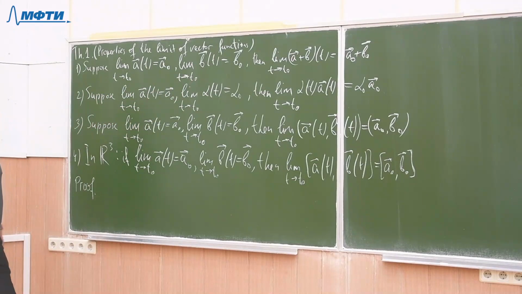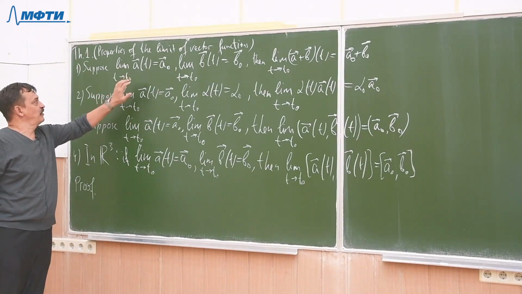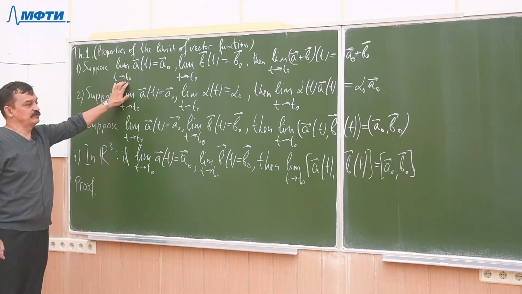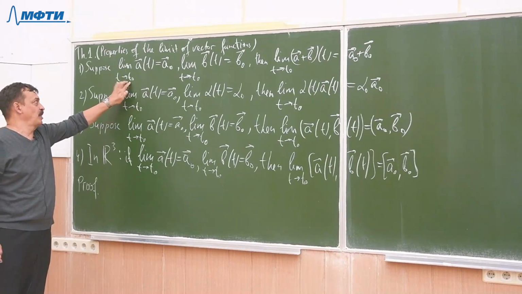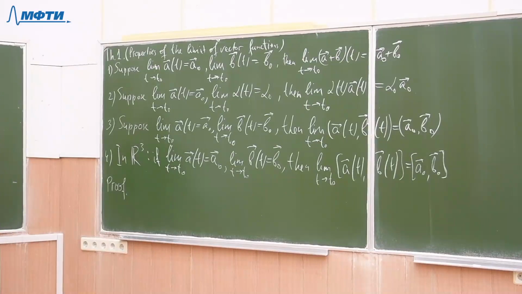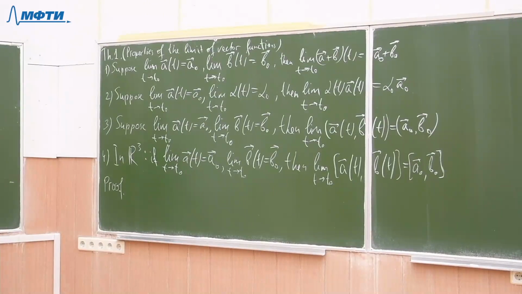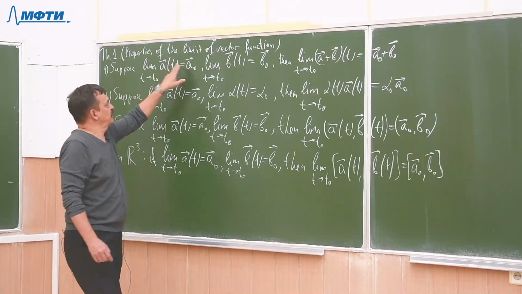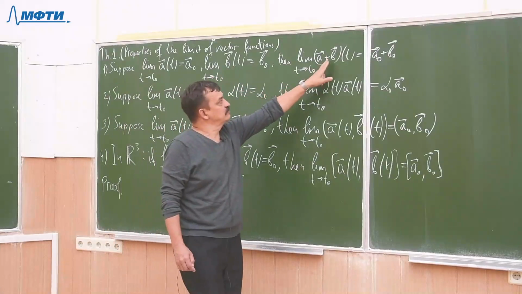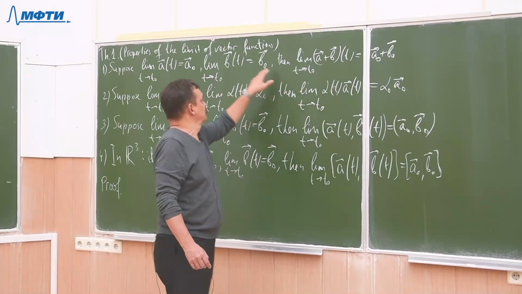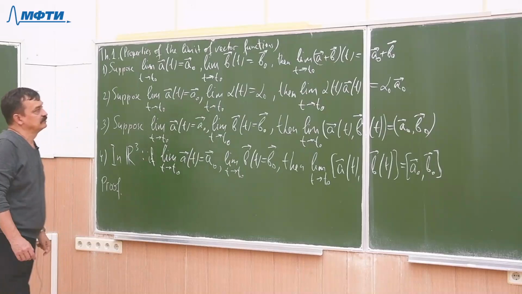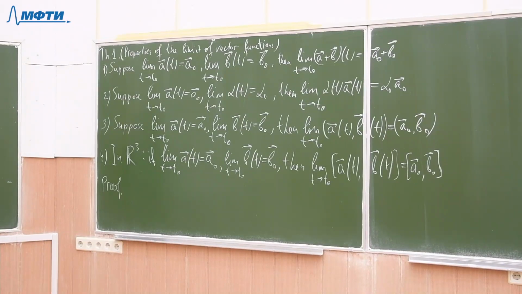So it means we suppose functions are determined in a punctured neighborhood, and of course to be able to add, they have to have the same dimension.